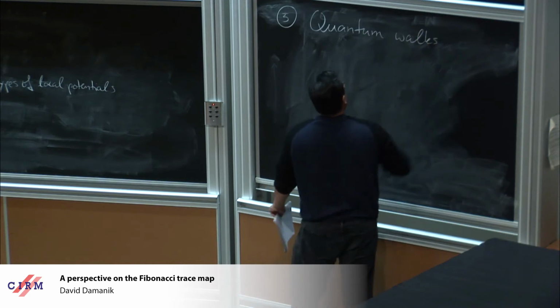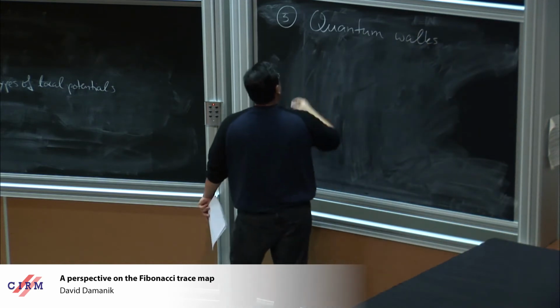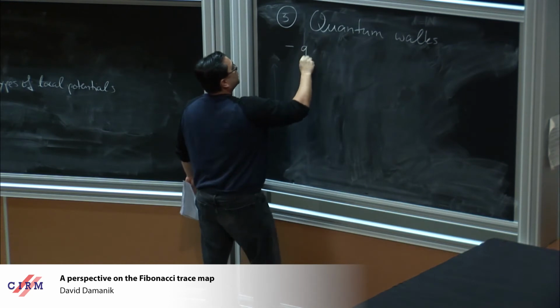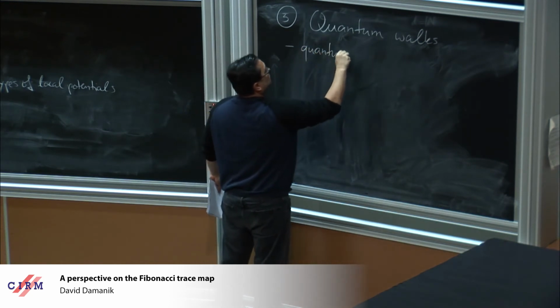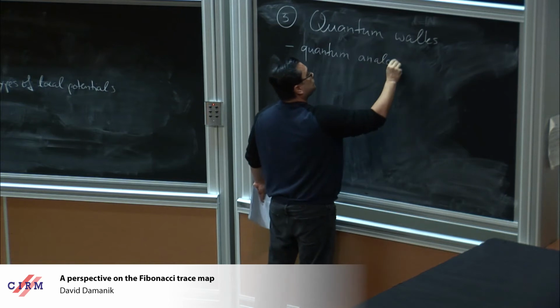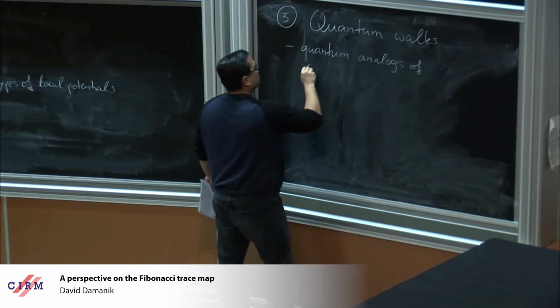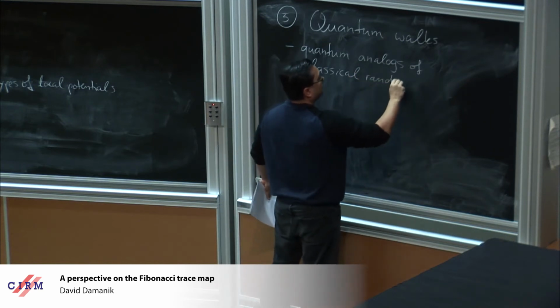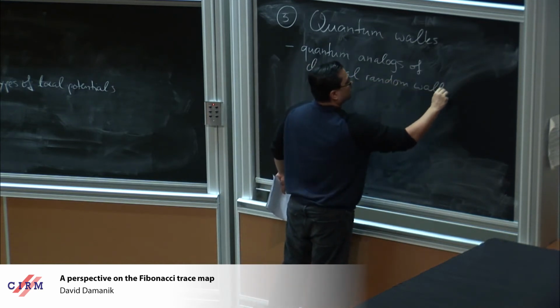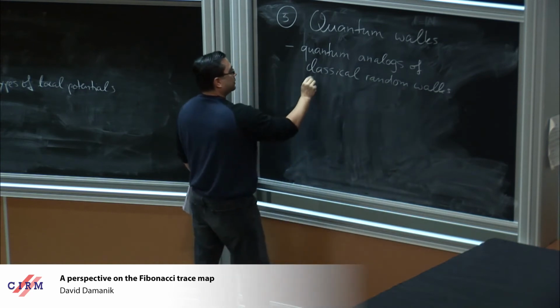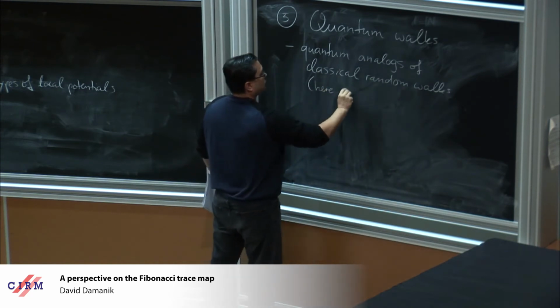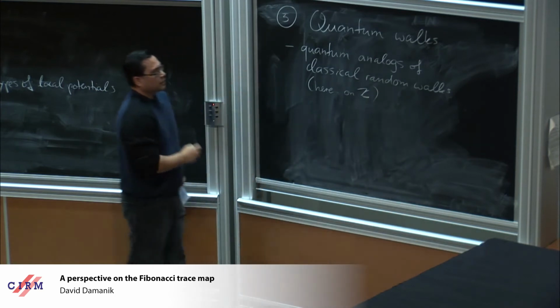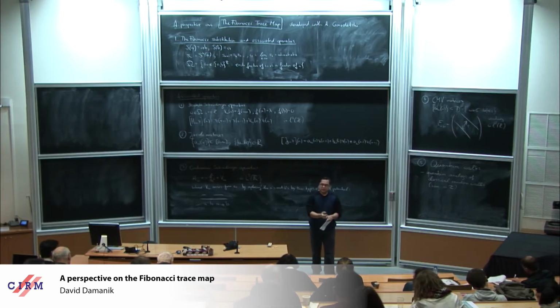Here I will be even less explicit than in the previous case. These are quantum analogs of classical random walks, in our setting here on Z. In the classical case, you have a coin, you toss it, that determines if you go left or right, and you do so with probabilities p and 1 minus p.